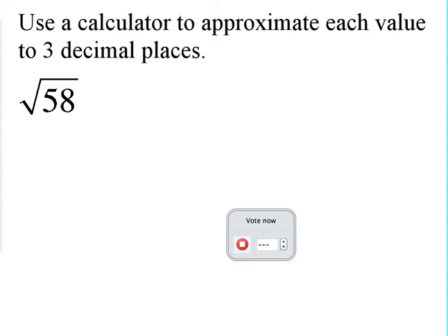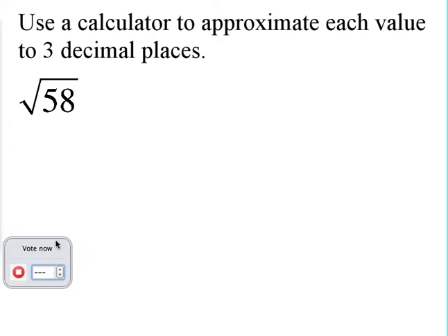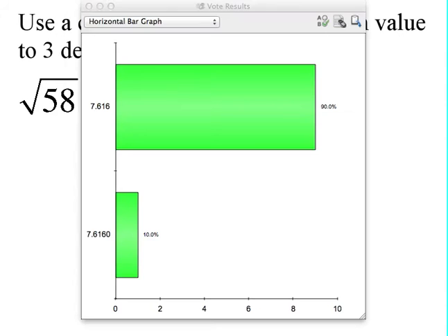Okay, did everybody enter theirs in? Let's go. And the answer is 7.616. Nice job.